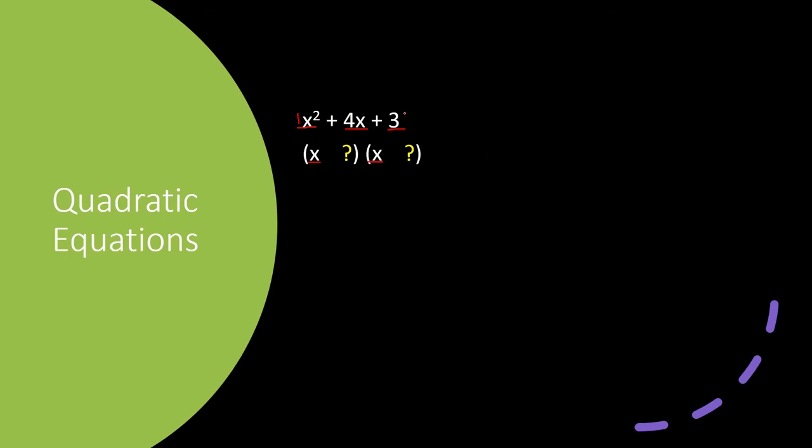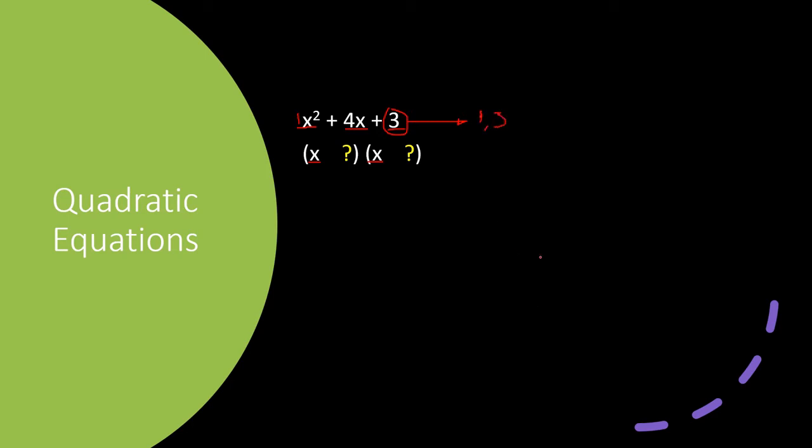What we need to do right here is take this number 3 and factor it. In a past lesson, we learned what factors are. Factor is a fancy word for multiples or divisibles. In this case, I know the factors of 3 are only 1 and 3.